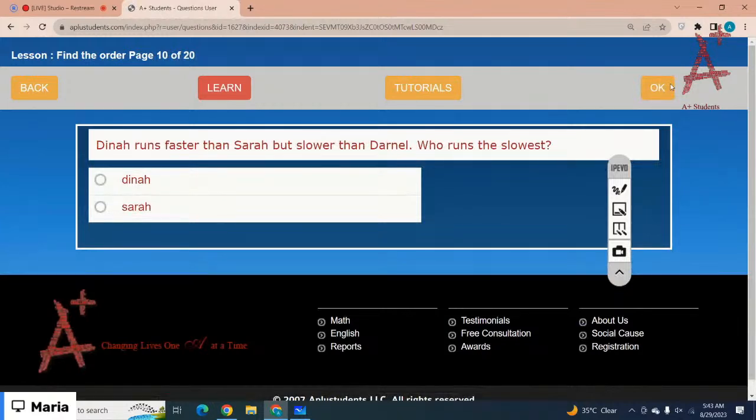Tina runs faster than Sarah, but slower than Darnell. Who runs the slowest? Who runs the slowest?